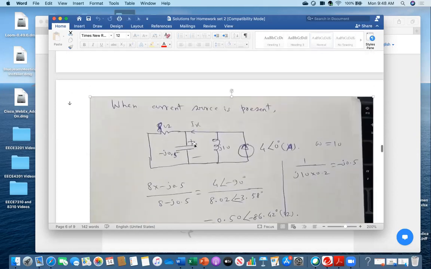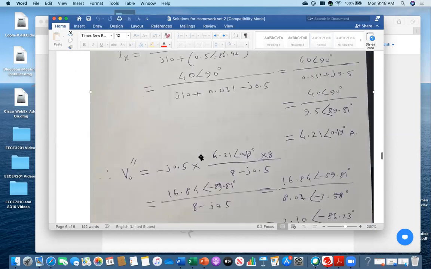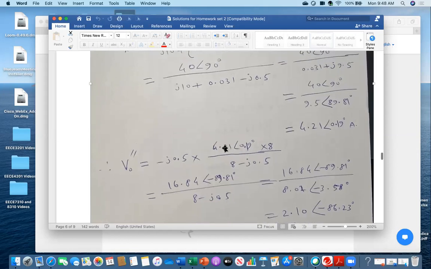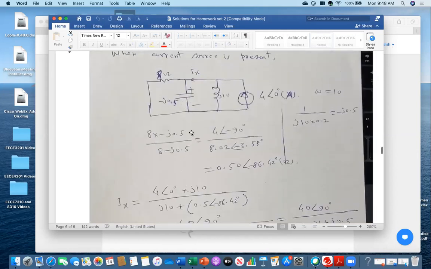So therefore, again, I have to apply the current divider rule here because I want to find out current through this branch. So again, current divider rule. So Ix multiplied by this, divide this plus this. So exactly I did that one multiplied by it over this one. And then once I get that current, multiply by that impedance minus J0.5.